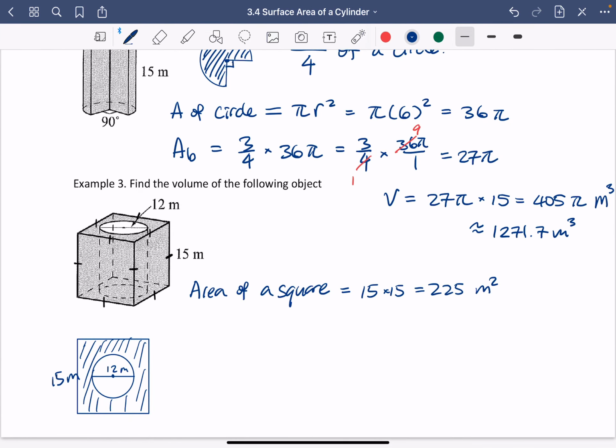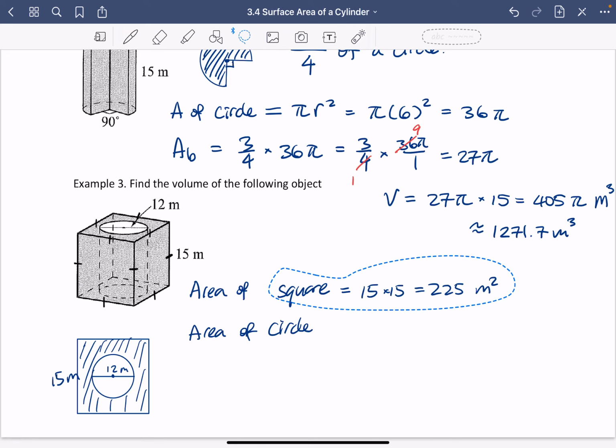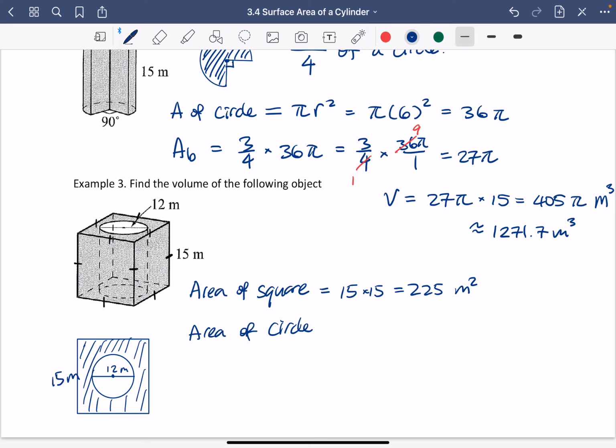And then let's find the area of a circle. Area of the circle is equal to pi r squared, and we know the radius here. This is diameter, but radius is equal to diameter divided by 2, which is 12 divided by 2.